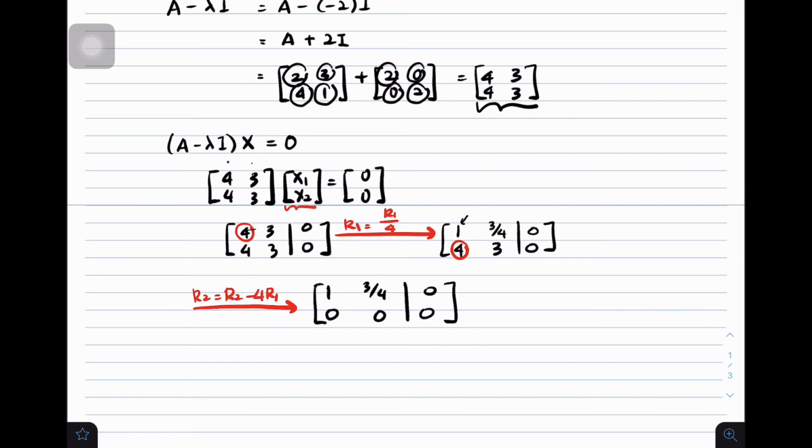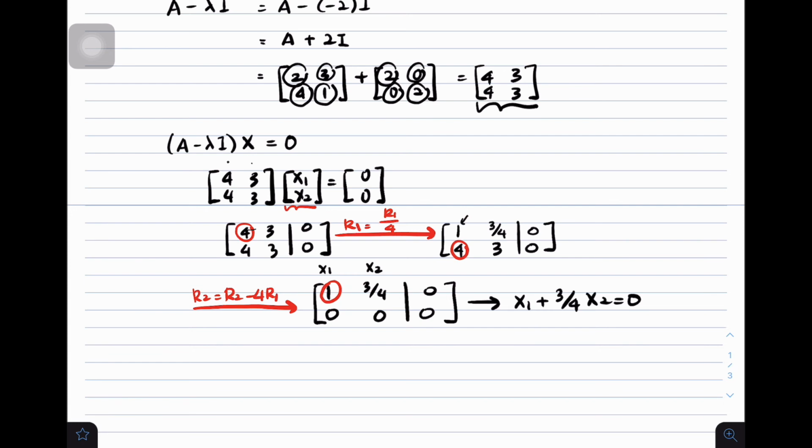So now you already have your row echelon form. From here you have your equation, because this column belongs to x1 and this column belongs to x2. So in your equation you have x1 plus 3/4 x2 is equal to 0. Remember that this one is the leading one, the leading coefficient.